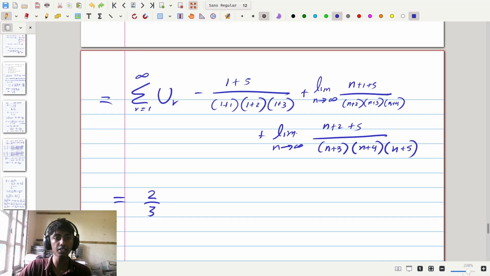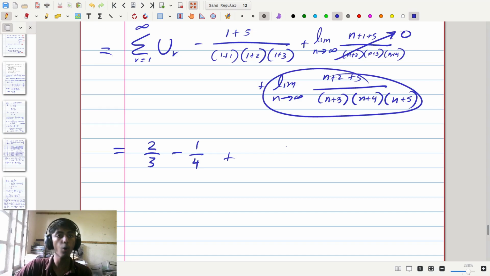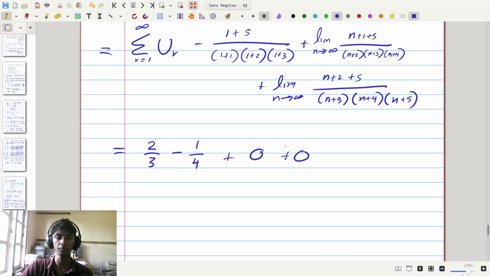Therefore the answer here is 2 over 3 minus 1 over 4 plus this limit, where the order on top is 1 but the order in the denominator is 3, and therefore as n approaches infinity, this approaches 0. Similarly, the second term is also going to approach 0, as on top we have order 1 but on the bottom we have order 3. So both of these limits approach 0, and we can write plus 0 plus 0.